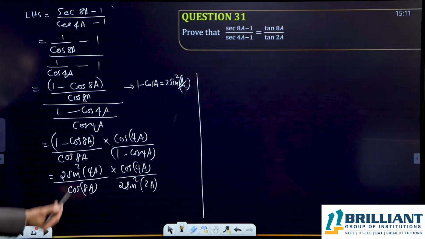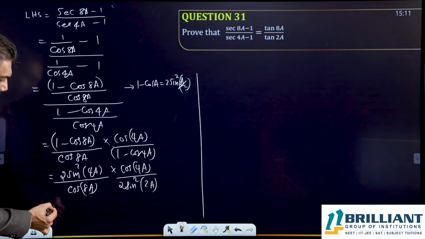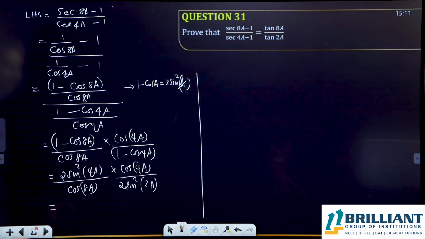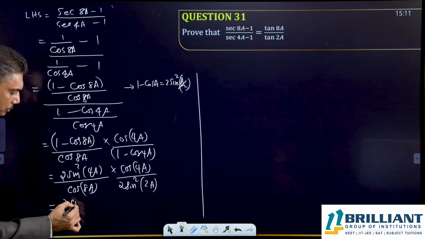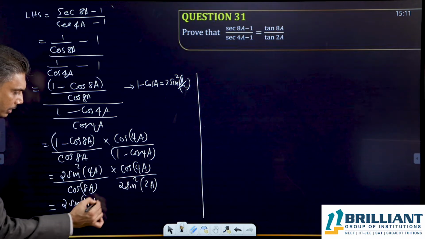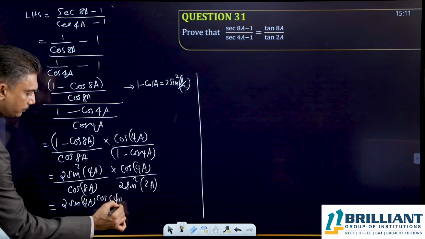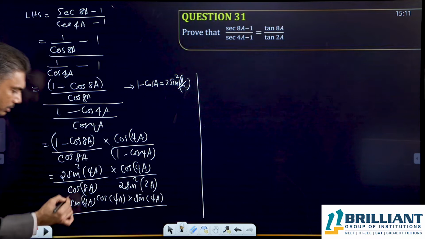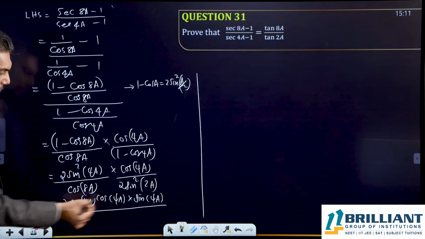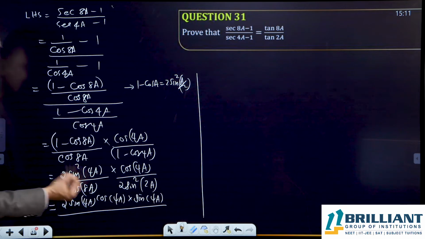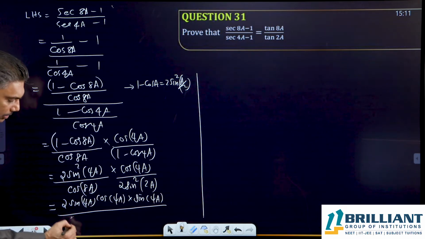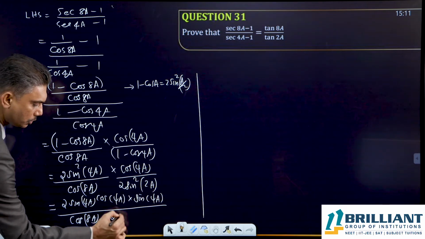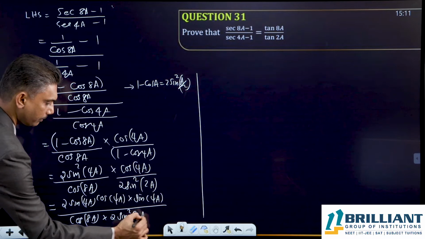Now, you can rewrite this as sin square 4a, you can rewrite as 2 sin 4a into cos 4a into sin 4a, because in sin square I wrote one sin 4a, and the other I will write as per the requirement of the result, by cos 8a into 2 sin square 2a.